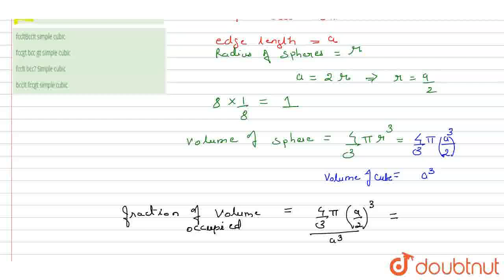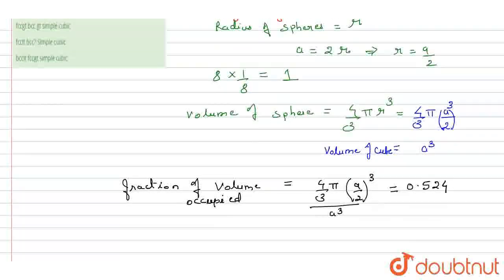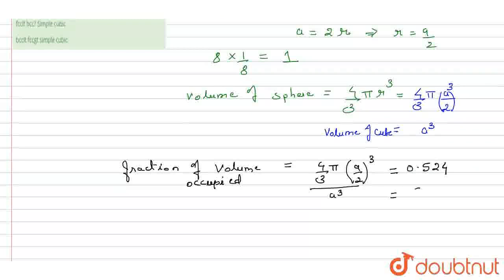Now solving this equation, we get the value 0.524. So the volume occupied in the simple cubic arrangement will become 52.4%.